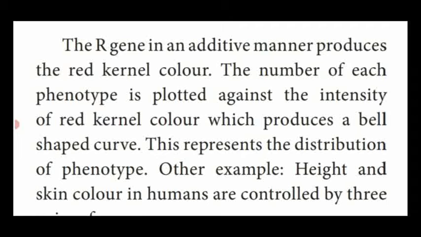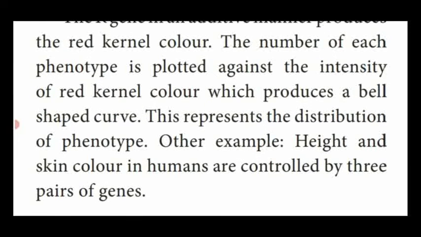Dear students, the R genes in an additive manner produce the red color kernel. So the number of different phenotypic ratios, plotted against the intensity of red kernel color, produces a bell-shaped curve.